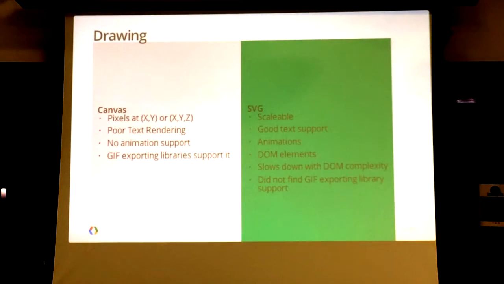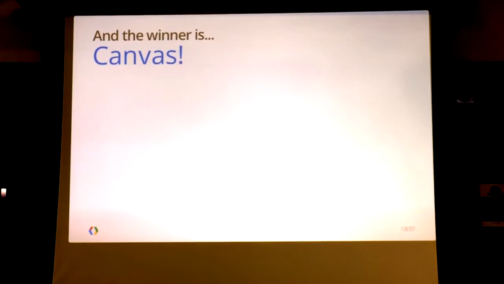But as that DOM gets more complex, you are going to slow down. And there's no GIF exporting libraries for SVG. But you can render SVG into Canvas and then convert it. But, we're not going to do that. The winner is Canvas.